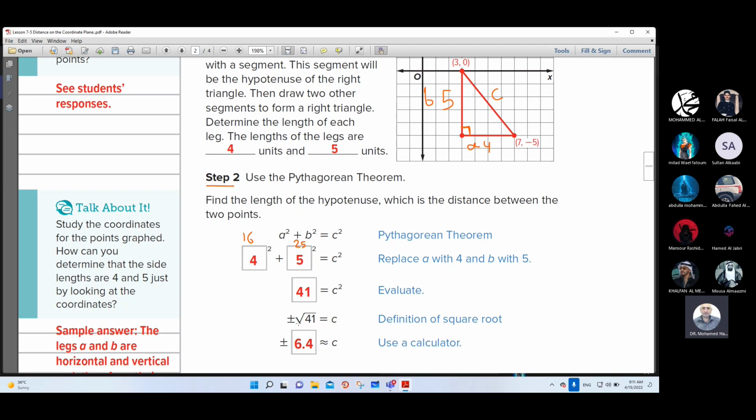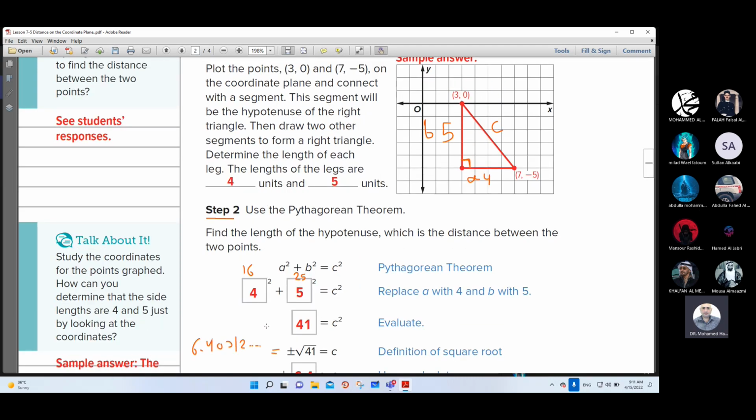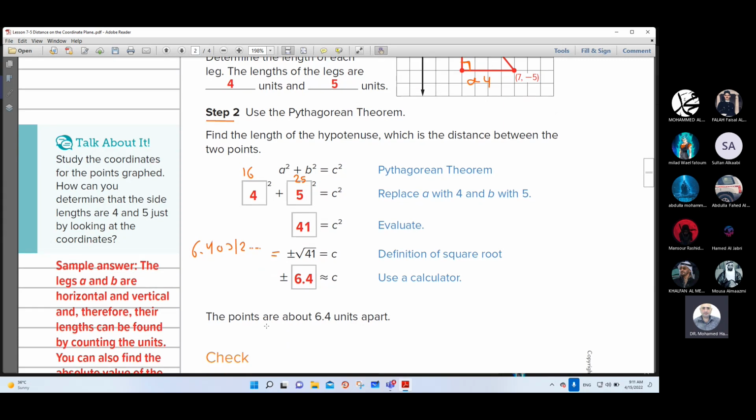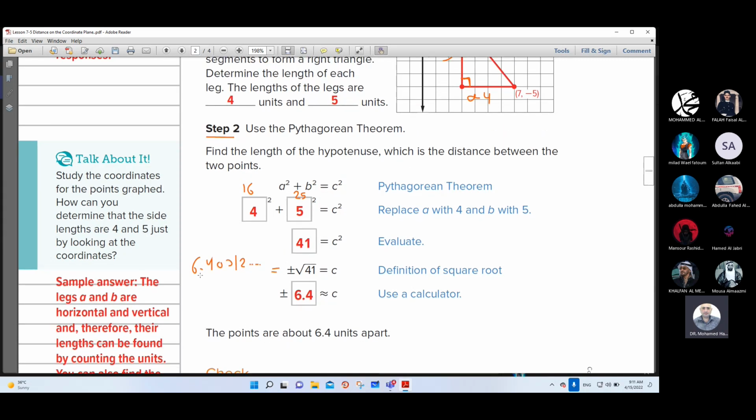Exactly, the square root of 41 equals 6.4312, etc. And here, what is the tenth here?